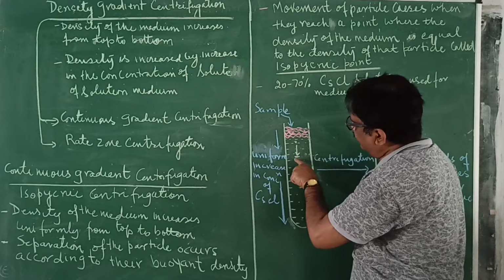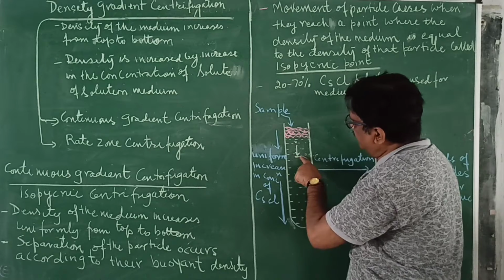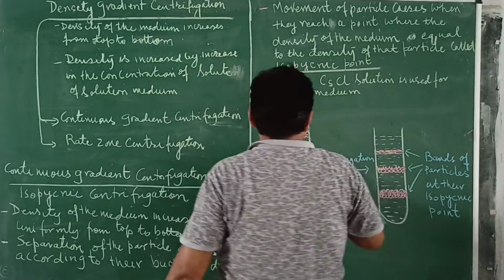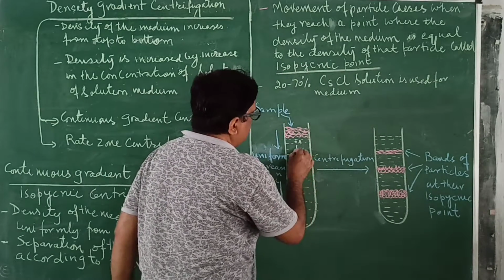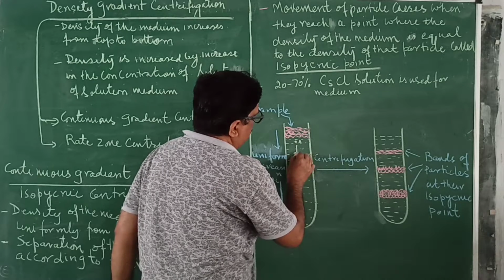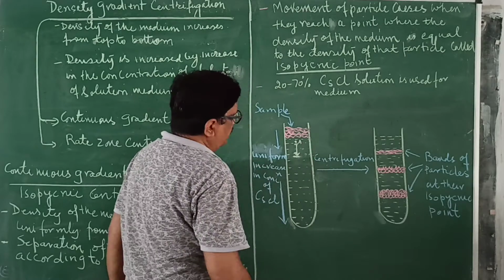That portion is known as the isopycnic point. Suppose this is particle A; it moves here and it stops here. So this point is the isopycnic point for particle A.